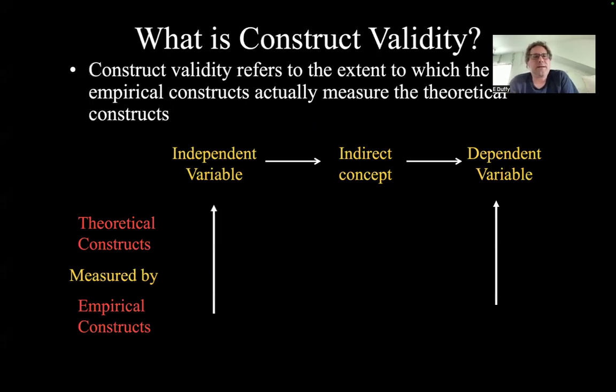Now, construct validity has to do with the extent to which the empirical constructs actually measure the theoretical constructs, you know? So, whether or not an independent variable such as Japanese or American is valid may depend on how long the person has lived in a culture. I mean, you could have subjects who were self-selected.